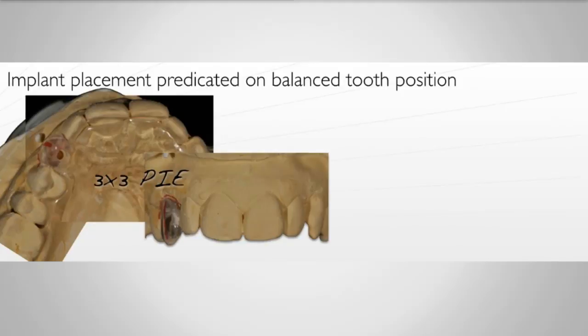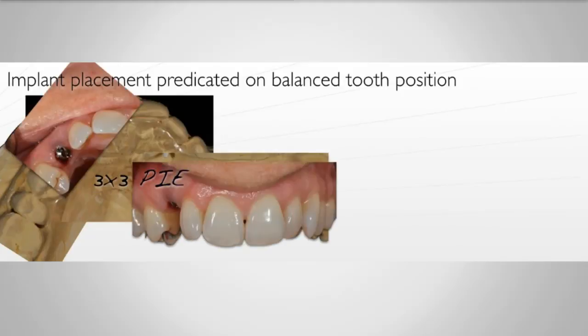Again, using the rule of 3 by 3 pie, 3 millimeters apical to the margin, 3 millimeters palatal, and through the palatal incisal edge. Notice it's not out to the incisal. It's not way back in the cingulum like we did when we first started doing single implants. It's a little more facial than that. Keeps that implant a little closer to the buccocortical plate.